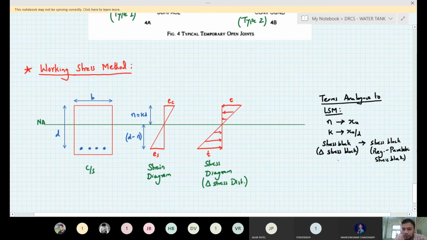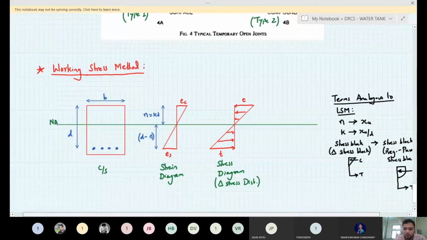Here the stress block is like this, whereas there it was rectangular for some part and then parabolic. This was the stress block for the limit state philosophy, and here it is triangular. This is the difference between the working stress philosophy and limit state philosophy.